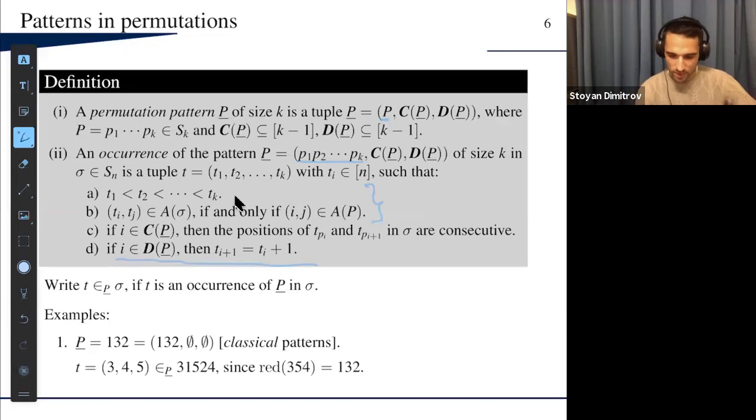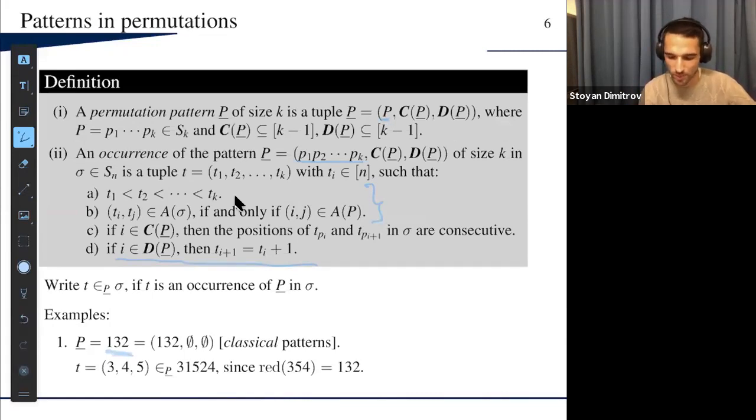So this is the most basic example. If we just take CFP and DFP to be empty, then we have the so-called classical patterns. I will just skip the empty CFP and DFP, and I will just write the permutation P to denote this classical pattern.